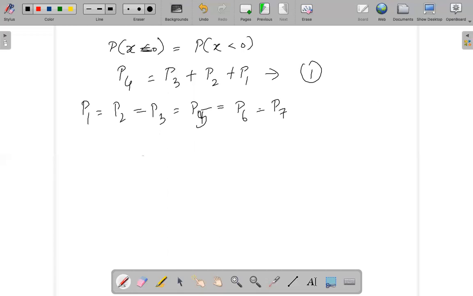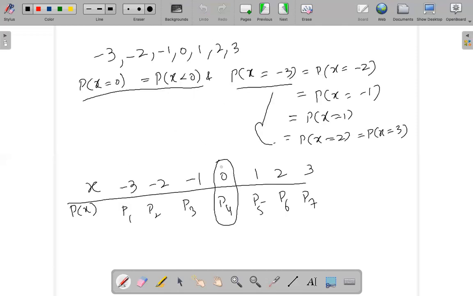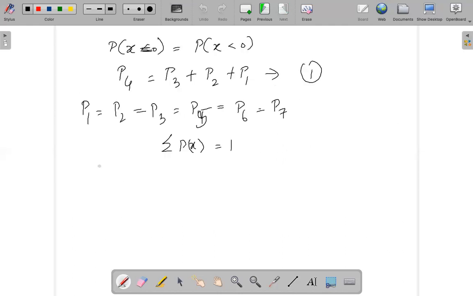And also we know that the summation of P of x is equal to 1, so p1 plus p2 plus p3 plus p4 plus p5 plus p6 plus p7 is equal to 1.